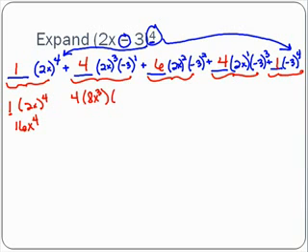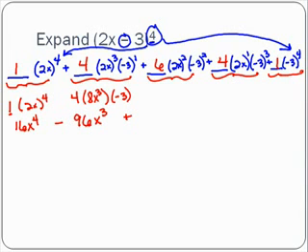And then I also have another number here, the negative 3. So now, when I combine all of that, I just go ahead and take all of those numbers. So I take the 4 times the 8 times the negative 3, and I just multiply them all together and put them out to the front. So I get a negative 96, and then I have an x to the third.